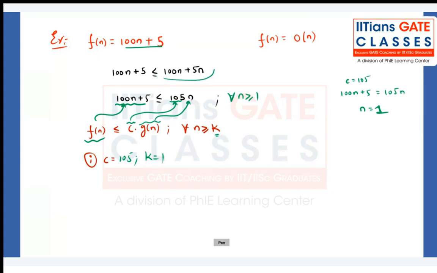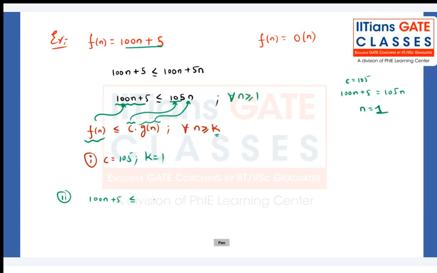This 5n, it's not necessary that it be that, it can be anything here, correct? So it could have been 106n, it could have been 110n. I could have taken any number. The inequality still would have held, correct? Yes or no? Let's say in the second case, I can also write 100n plus 5 is less than or equal to 110n. I could have also written this, right?